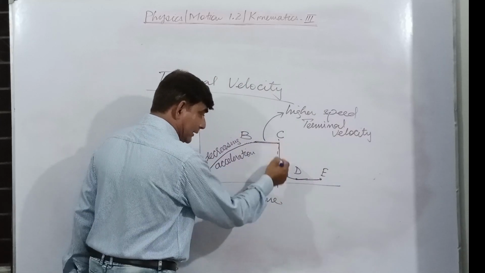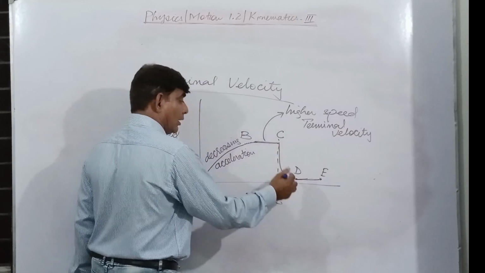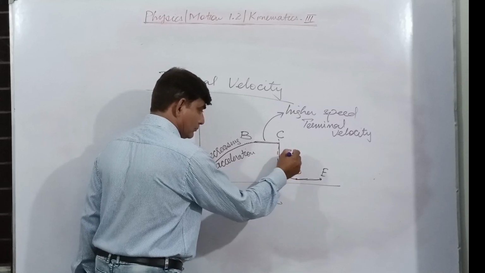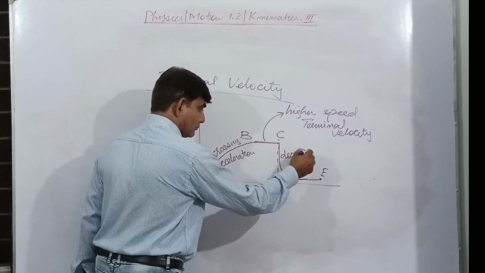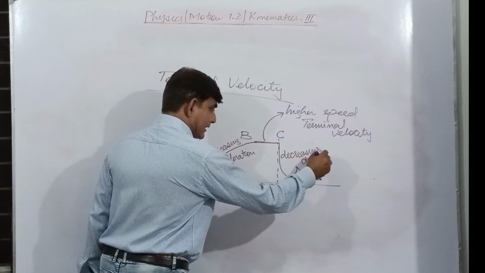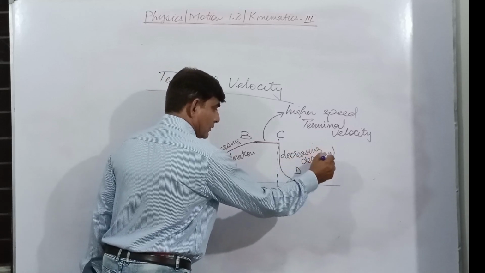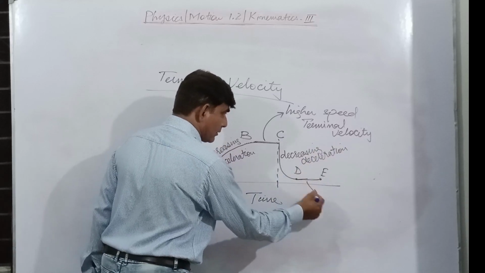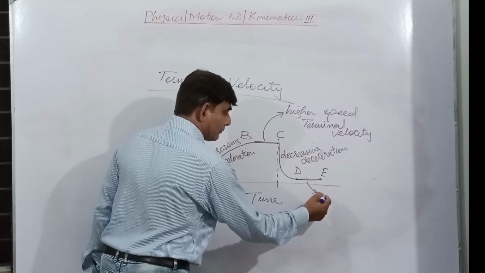This one is deceleration, decreasing deceleration, and this one is lower speed terminal velocity.